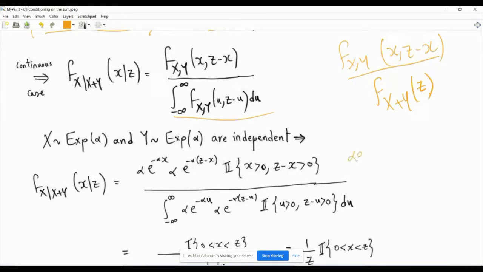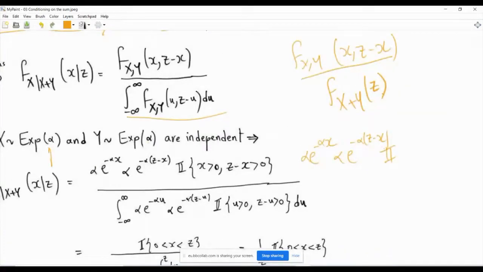So it is alpha e to the minus alpha x, exponential alpha, and the other one is also alpha, so alpha e to the minus alpha, but now y I replace by z minus x. And then again, it's advised that you keep track of the range of values using the indicator. So x is greater than or equal to 0, and y greater than 0, but now we replace y by z minus x greater than 0.